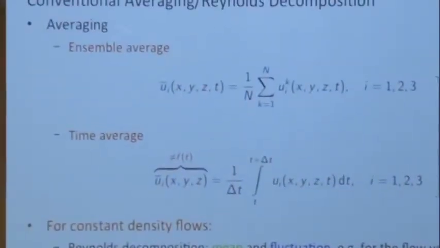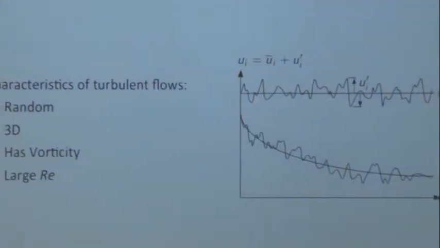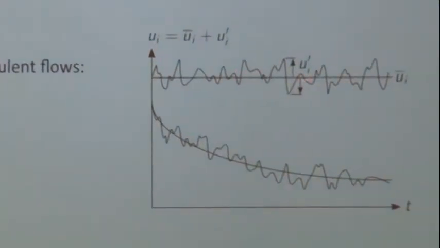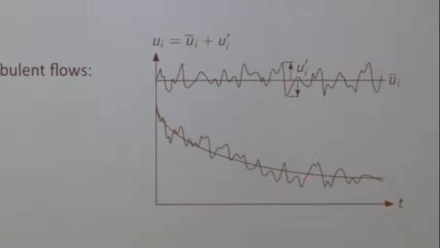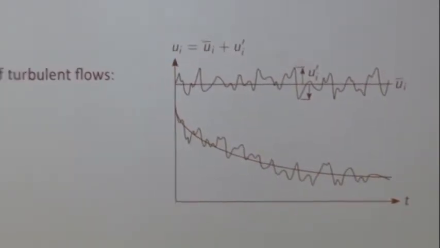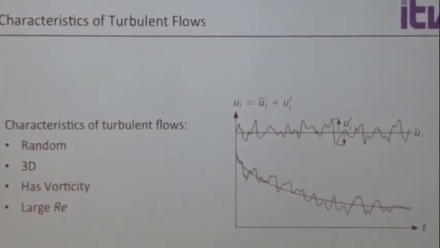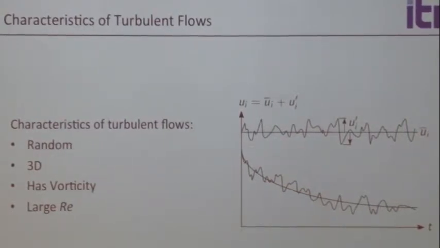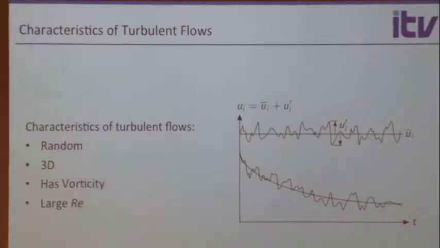So the first thing we can do is define an average velocity. Look at this: you have two different possibilities here. The average here would be the straight line, and here also the average would be a straight line. The question is only how do we define the average? There's one big difference in these two profiles. This one is statistically stationary, the mean is stationary, and this one is statistically not stationary.